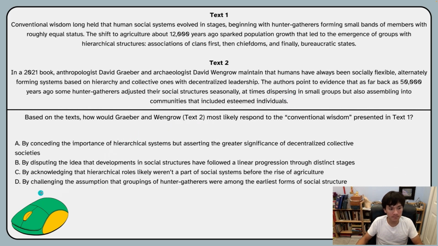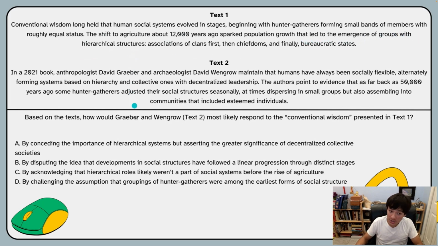Let's move on to C. C, by acknowledging that hierarchical roles likely weren't a part of social systems before the rise of agriculture. Now, this one, you have to be very careful with questions like this. They're saying that they likely weren't a part of social systems before the rise of agriculture. Text 1 definitely mentions agriculture and led to the emergence of groups with hierarchical structures.